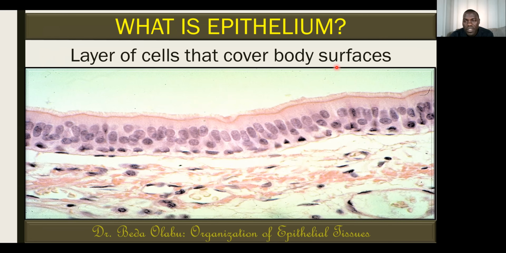These body surfaces could be internal surfaces, like the inside of the intestine, the inside of the heart, the inside of blood vessels. But they could also be external surfaces, like your skin, the outside of the heart, and the like. So body surfaces are covered by epithelium.